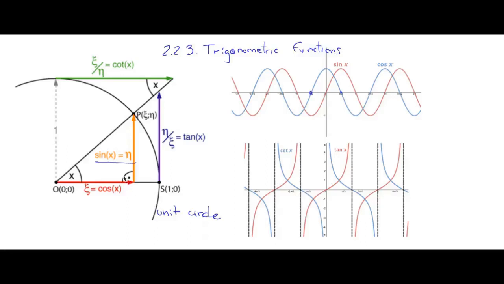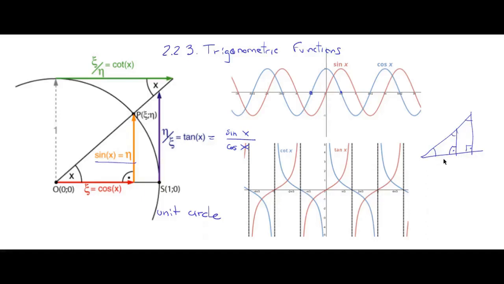Now using geometric arguments, you can see that the tangent, which is the sine of x divided by the cosine of x, is just this length. Using a similar triangle argument and Thales' theorem, we have two triangles, and they are similar because they are both right and they have the same angles.